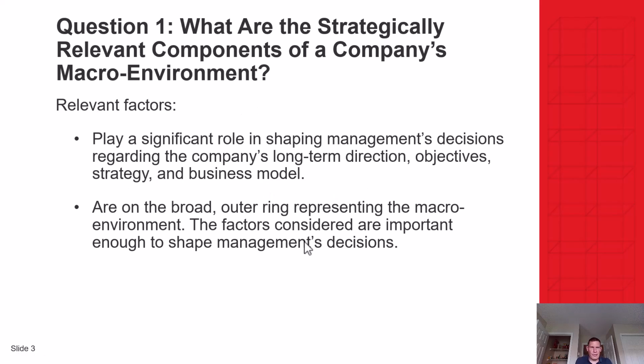So, what are some relevant factors when we think about the macro environment? Well, they certainly play a significant role in shaping management's decisions regarding the company's long-term direction, objectives, strategy, and business model. They should be on the broad outer ring representing the macro environment. The factors considered are important enough to shape management's decisions.